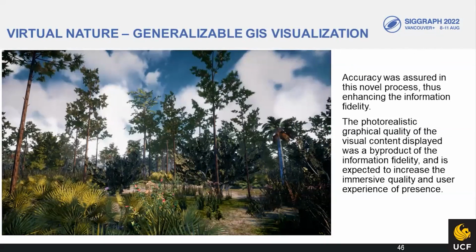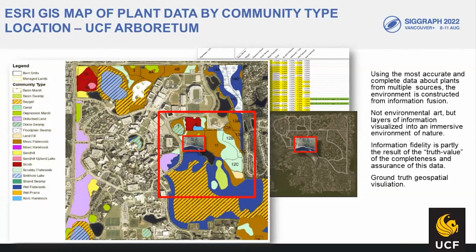So some of the takeaways here is that these virtual nature models can be generalized as GIS visualizations. We have the map that represents all the different communities, the data for the plants, the inventories, and the distribution for each plant population. That's an easy bottom-up way.